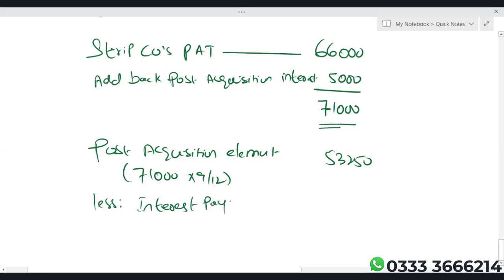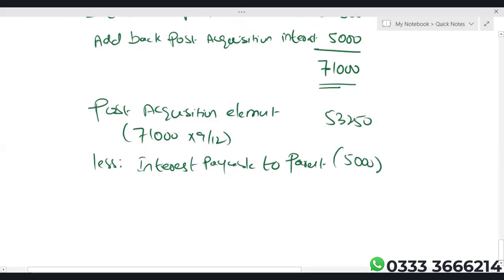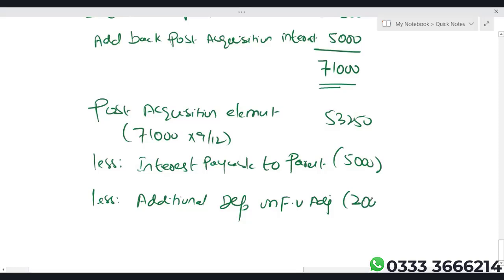Interest payable to parent, 5,000. Deduct additional depreciation on fair value adjustment, which is 2,000. We will not be deducting any unrealized profit because seller is not subsidiary, seller is parent.